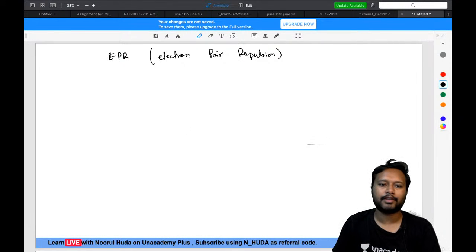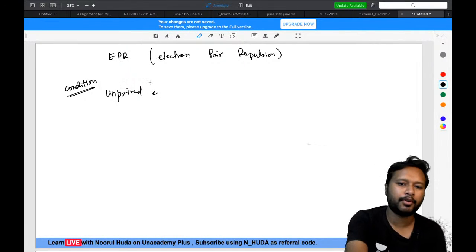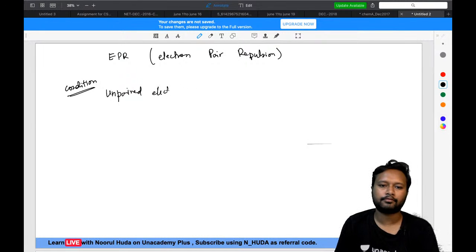The concept is that if a particular molecule has unpaired electrons, it will have a particular spin. What is the condition or the requirement for this EPR spectroscopy? That you should have an unpaired electron in the molecule.